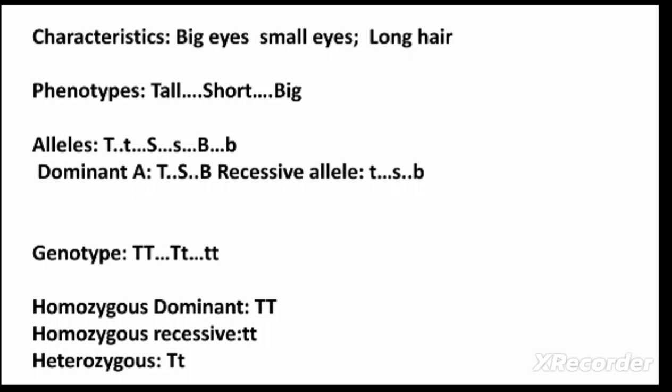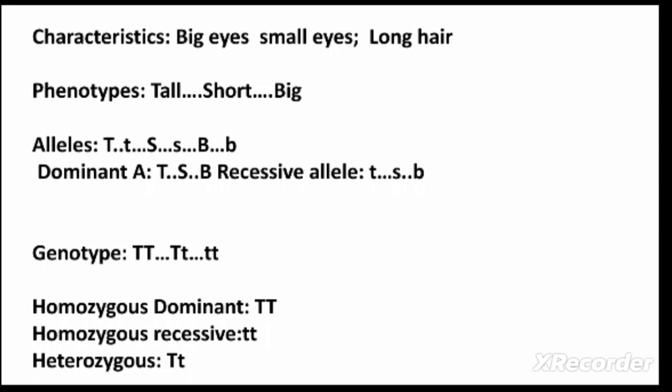That is S. So let's move on to dominant allele and recessive allele. Dominant alleles are the capital letters and recessive alleles are the small letters. They will tell you in the statement that being tall is controlled by a dominant allele T, and then they'll ask you, what is the allele for being tall? That is capital letter T, because they said it is controlled by a dominant allele, and dominant alleles are the big letters.